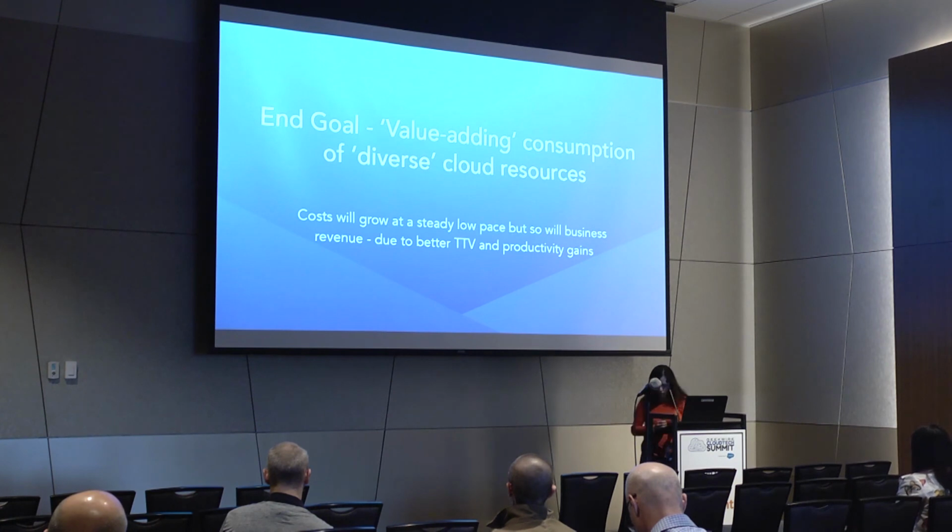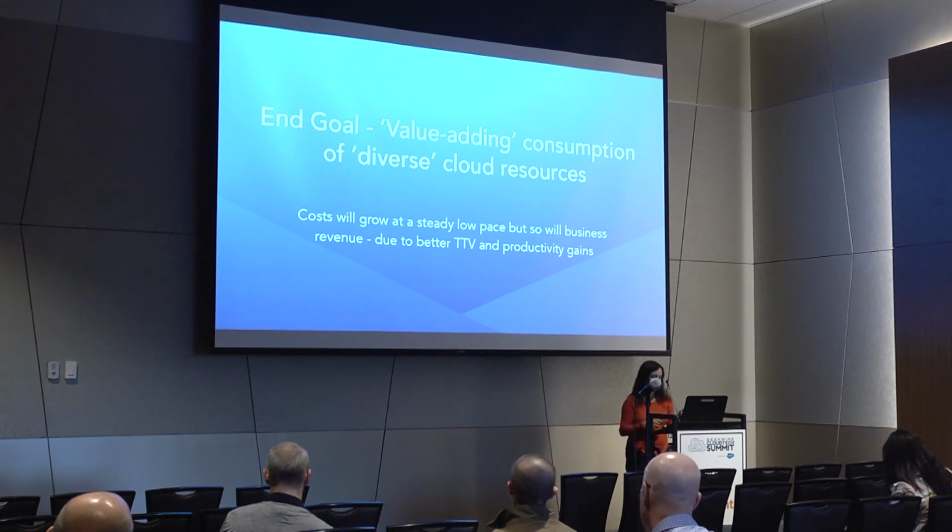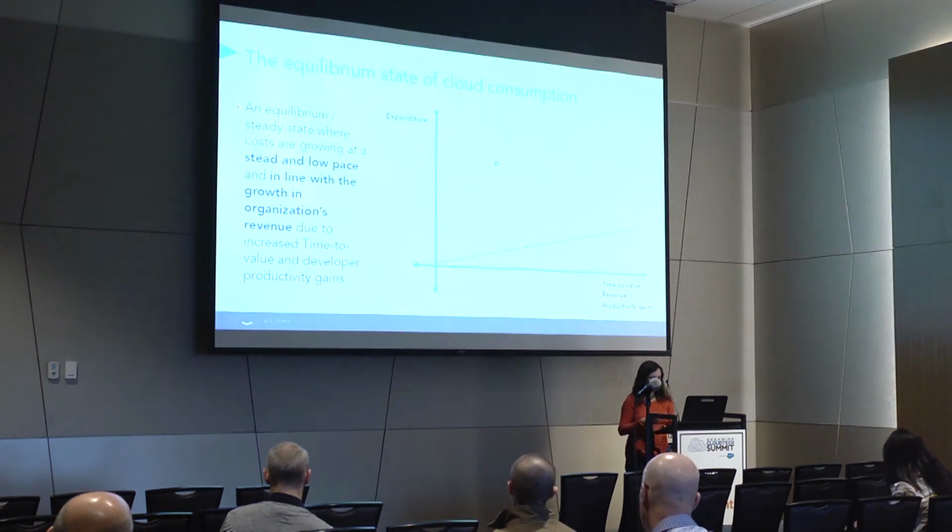Okay, so those are the primary recommendations. Like I said in the beginning, I'd like to end with an end goal. And I think that ideal end goal for an organization to achieve is where you're achieving value-adding consumption of a diverse pool of cloud resources. Okay, so what do I mean by that?